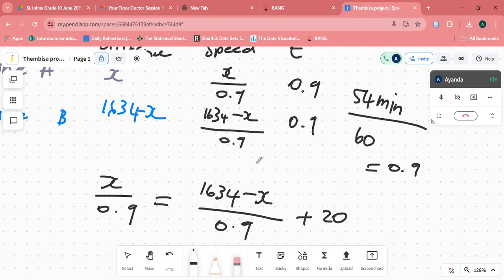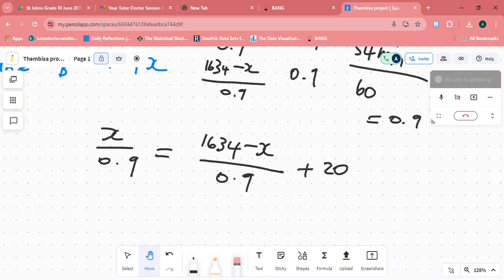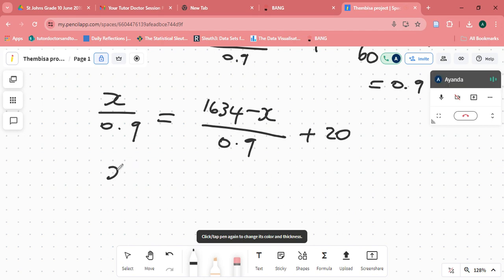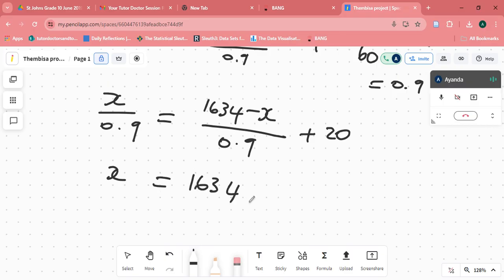Remember, plane B is traveling 20 kilometers per hour slower than plane A. Now we can simplify this. Our common denominator is 9. So we can have x is equal to 1,634 minus x plus 18.